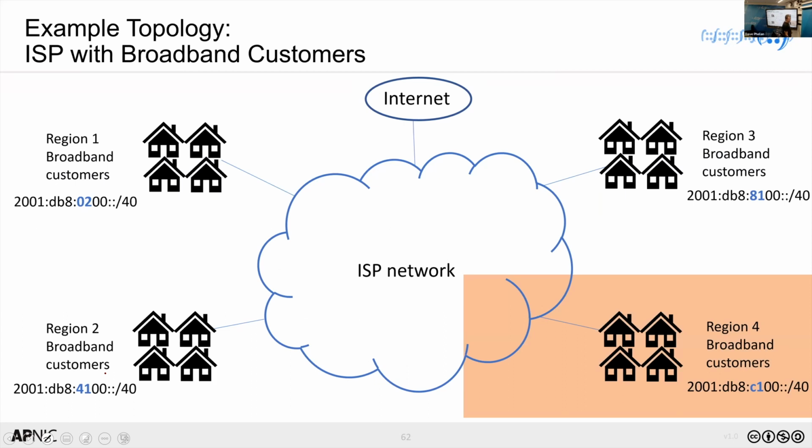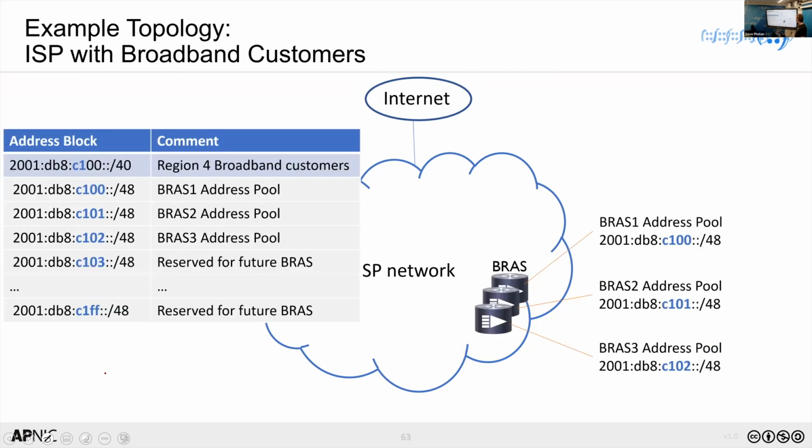So we'll go and have a look at region 4. So that's the easy one. Each BRAS or BNG would have an address pool, a /48. We have 8 bits of addressing we can use here. So each BRAS has a /48.